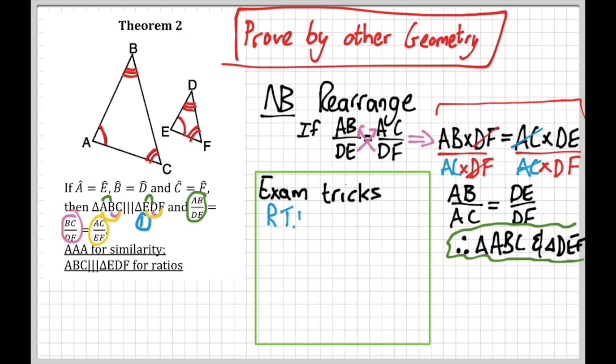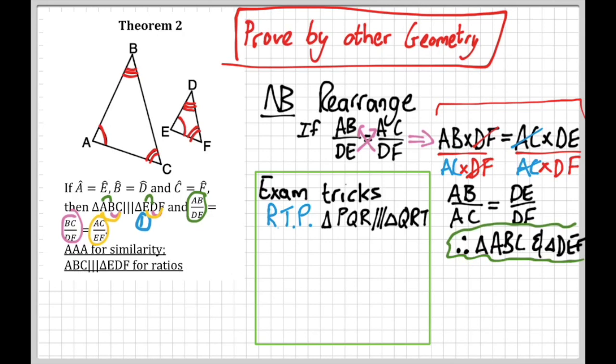If I want to prove that triangle PQR is similar to triangle QRT, let me just explain what R dot T dot P means. It means ready to be proven. It means that's what I want to prove. So the question would state, prove that triangle PQR is similar to triangle QRT, for instance.